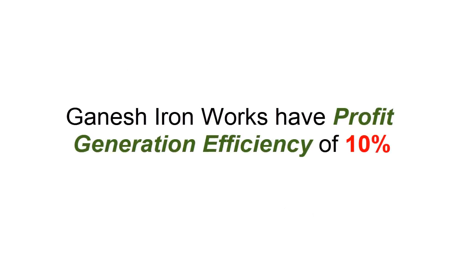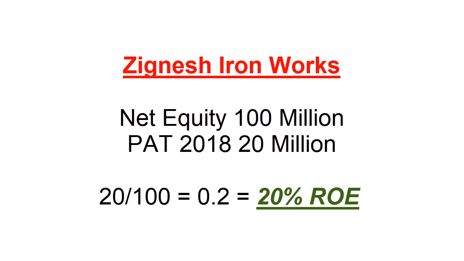Or in other words, we can say that against all resources that are available to Ganesh Iron Works, it has a profit generation efficiency of 10%. Now suppose there is another business known as Jignesh Iron Works and this business has also generated net profit of 20 million. But net equity of Jignesh Iron Works is 100 million, half of Ganesh Iron Works.